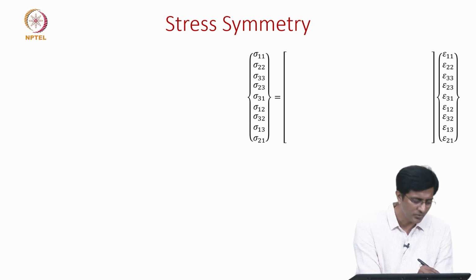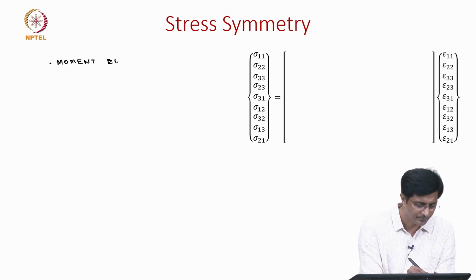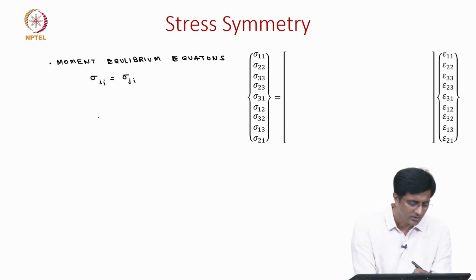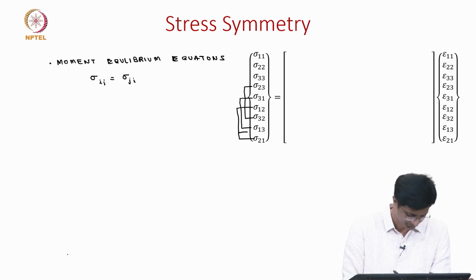From the moment equilibrium equations, one can show that sigma ij equals sigma ji. What it means is we have components like sigma 2 3 which is same as sigma 3 2. Similarly, sigma 3 1 is same as sigma 1 3 and sigma 1 2 is same as sigma 2 1.